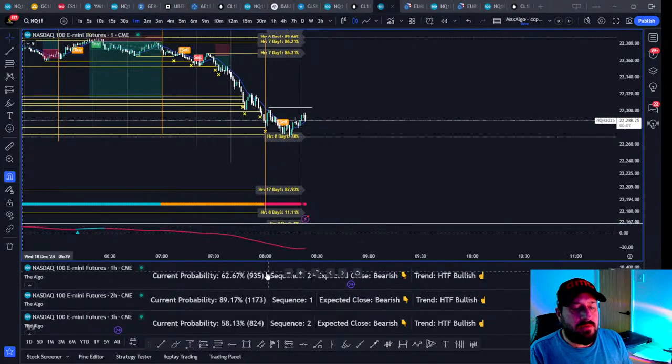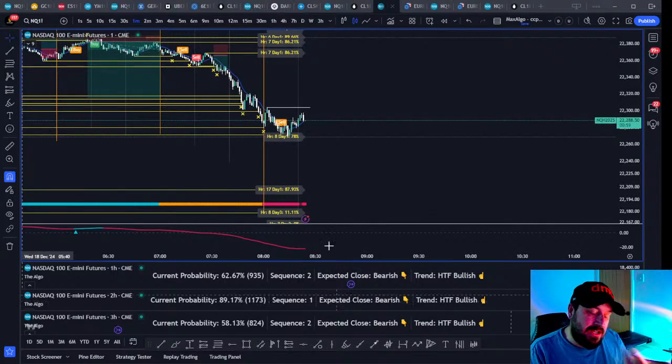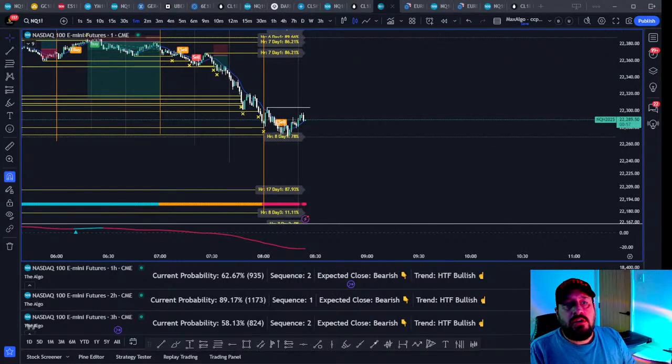It's a shame this probability is not higher. Our 2 hour is 89% bearish. Let's have a look at our 2 hour. When did the 2 hour start, right?